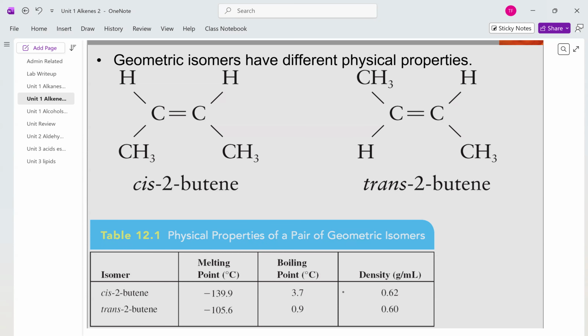Density, it's hard to judge on what the densities will be, but for sure on boiling point and melting point. The more stable one is going to be lower. And it has to do with steric hindrance again.